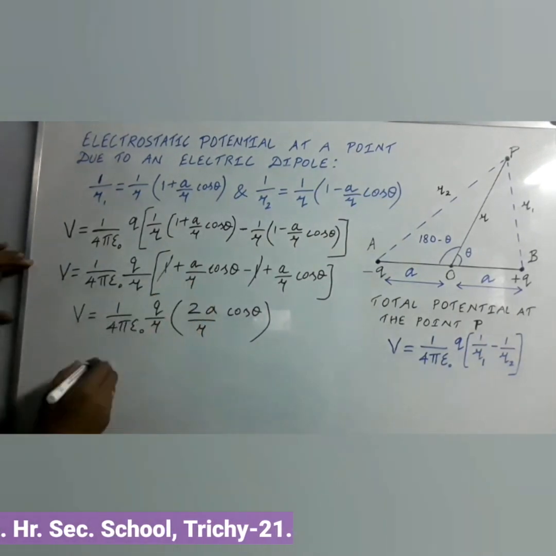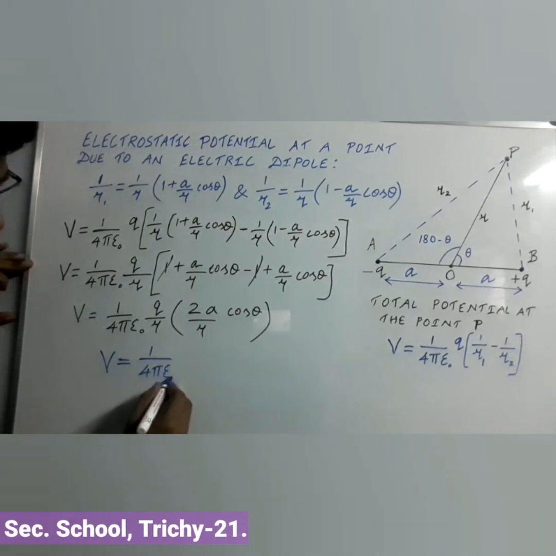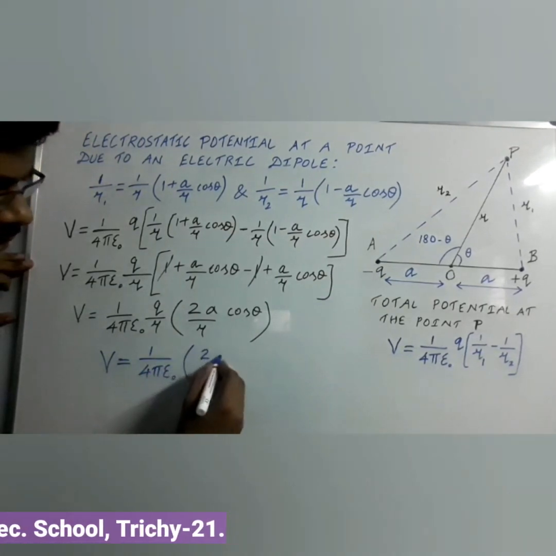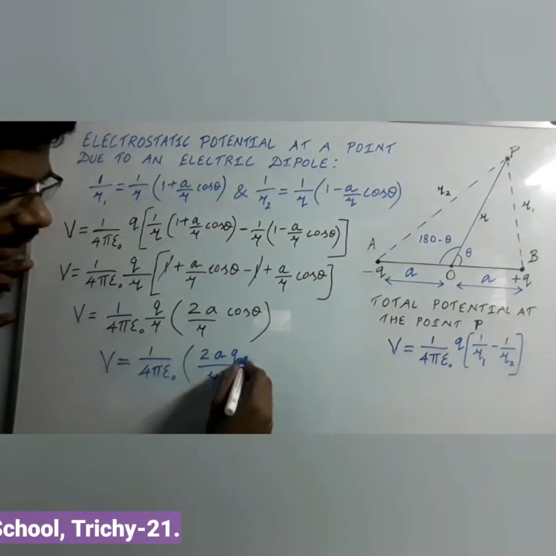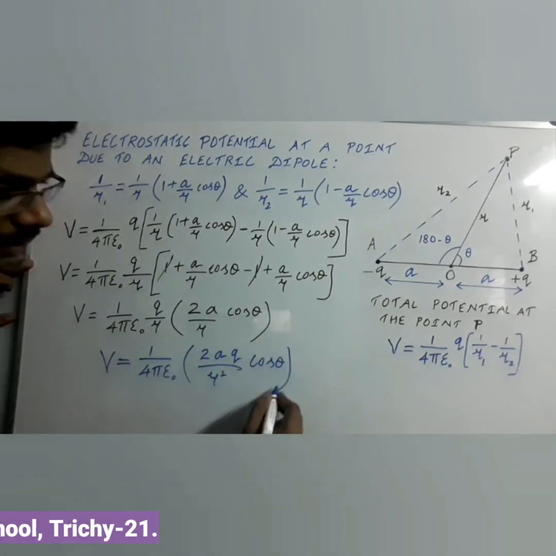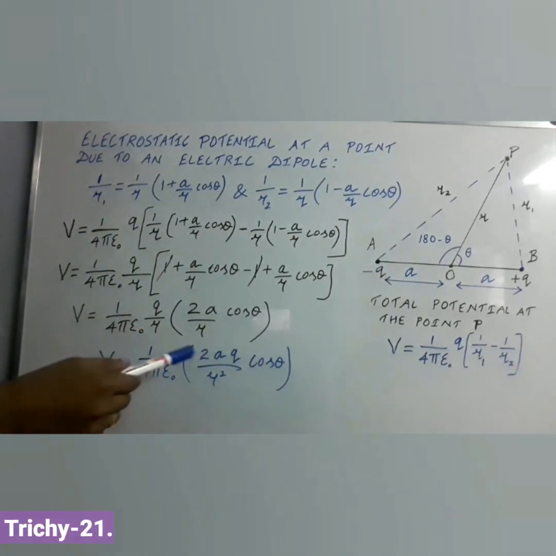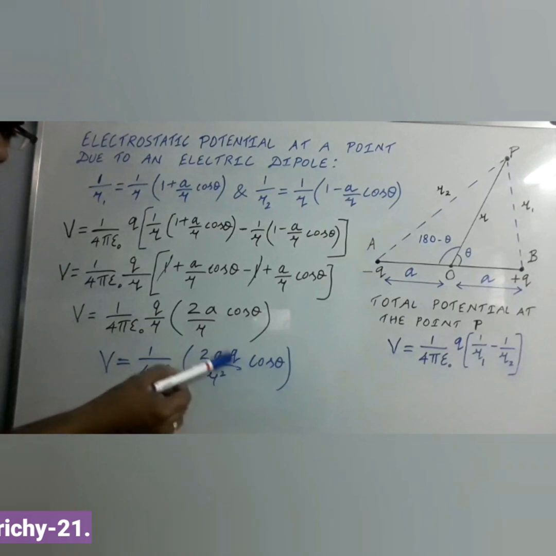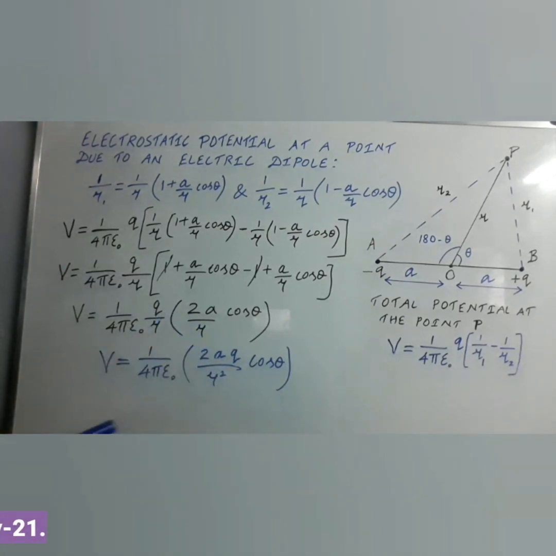It can be rewritten as B equal to 1 by 4 pi epsilon naught 2A Q by R square into cos theta. Here we already know it is a product of charge and the distance between the two charges, q into 2a. That's nothing but the dipole moment.